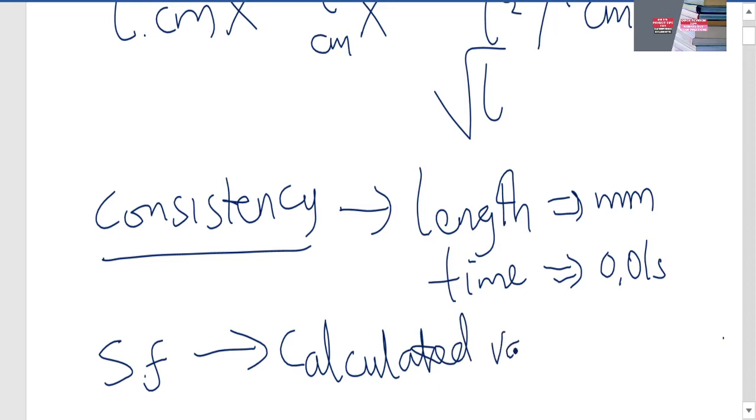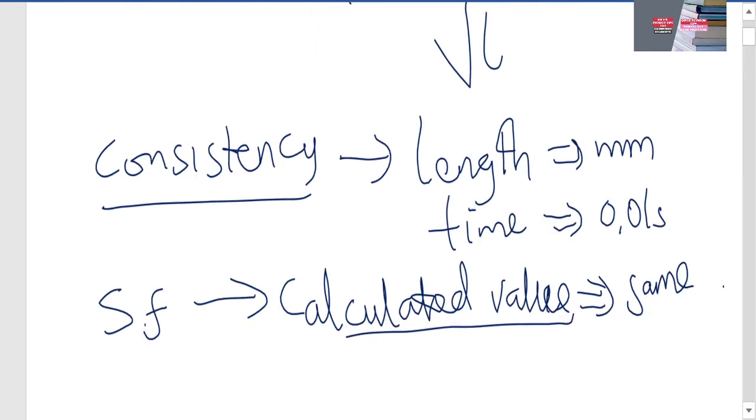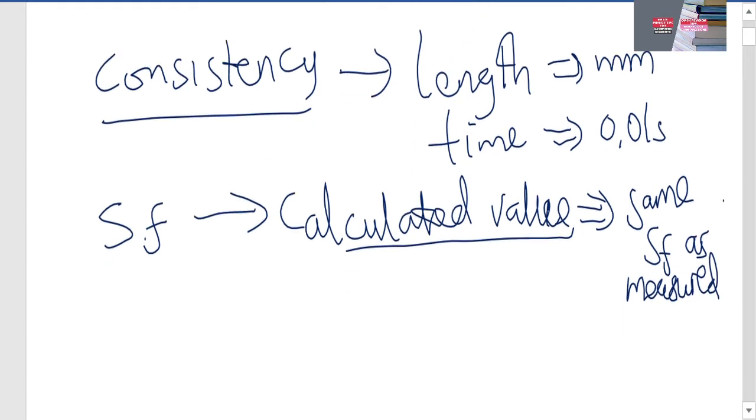So calculated values must be expressed to the same number of SF as the measured values. Very, very important.